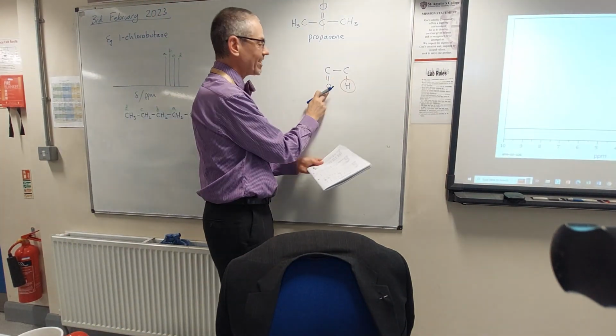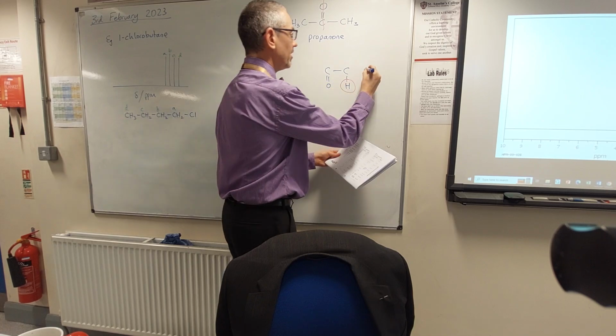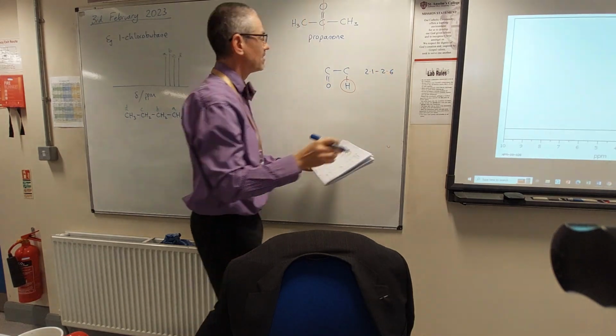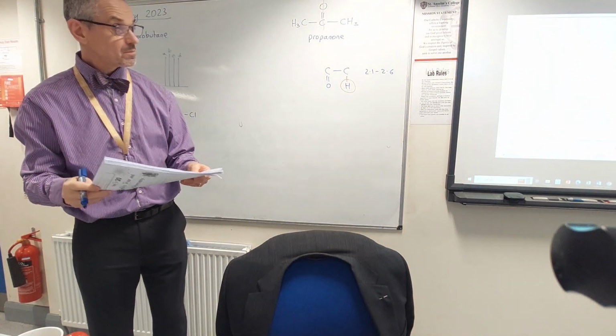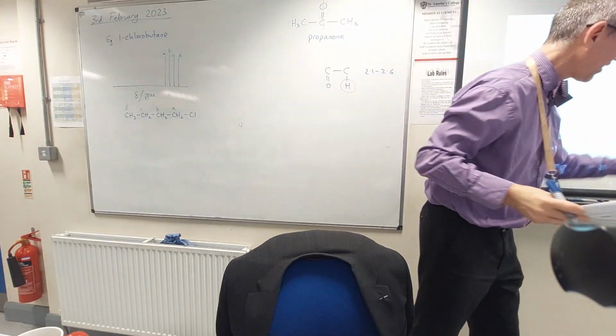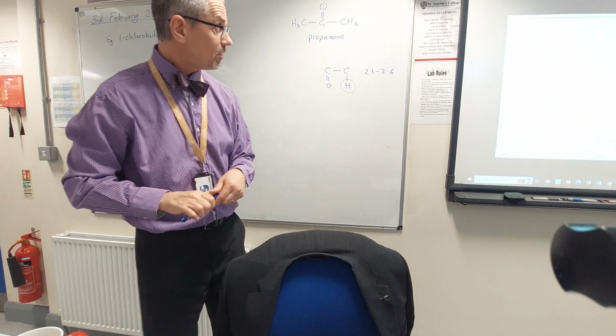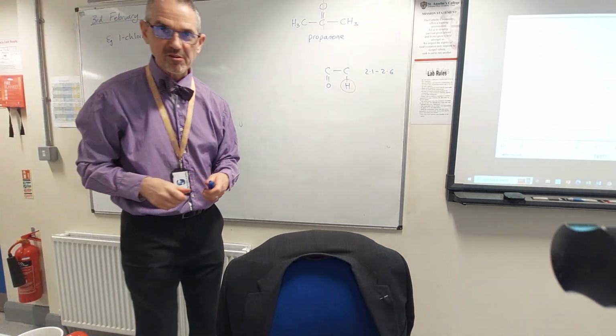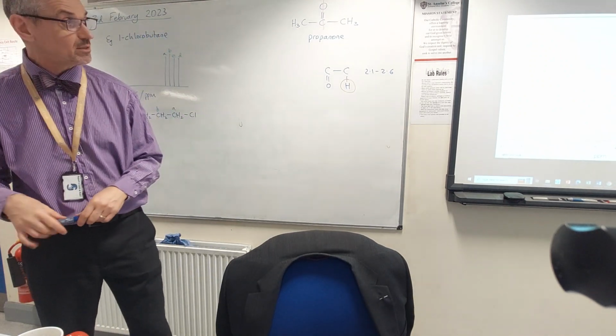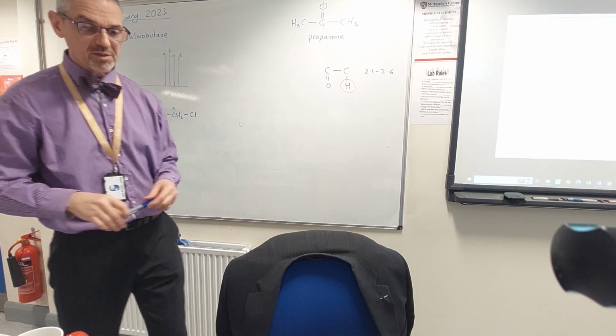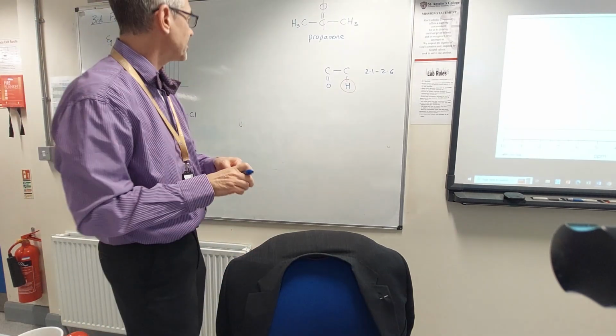That hydrogen next to a carbonyl group is 2.1 to 2.6. So that's pretty much bang on the money at about 2.2. So in a way, we don't get a huge amount of information there. When there's a lot of symmetry in the molecule, the spectrum becomes quite simple.